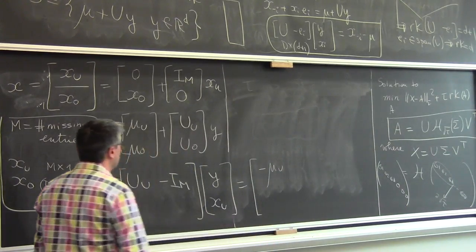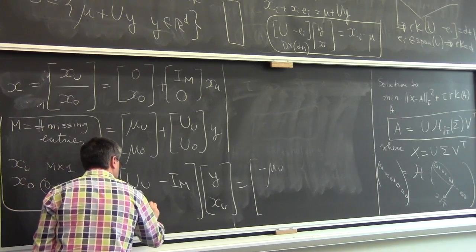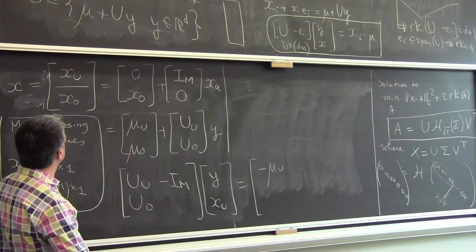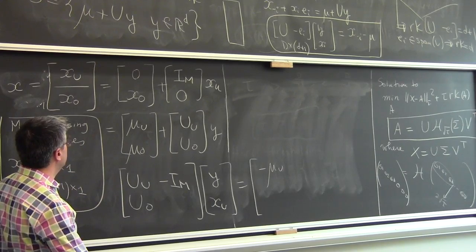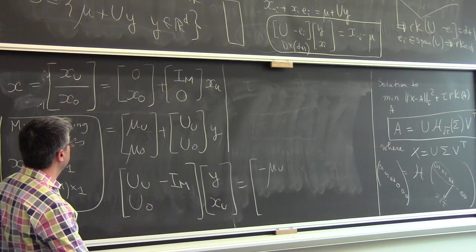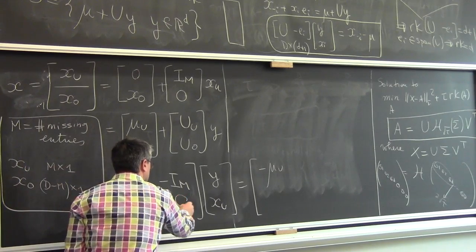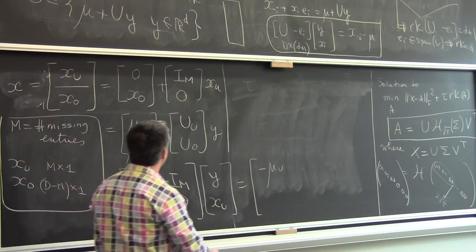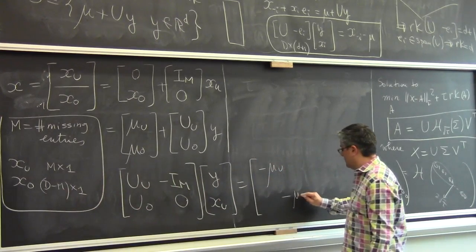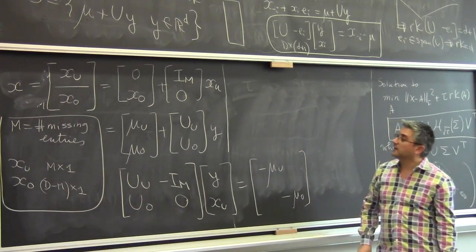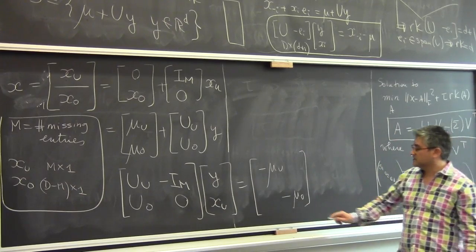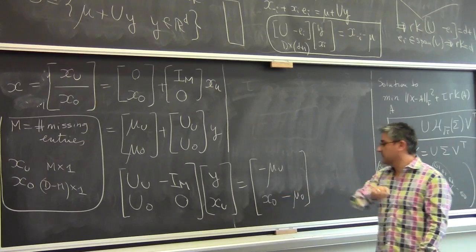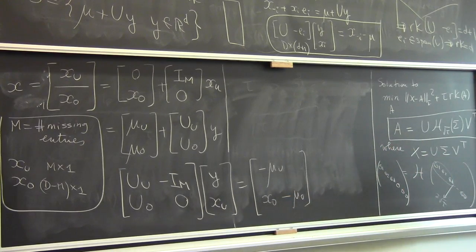And then at the bottom, I'm going to get U observed. Then the x_U is not there, right? Yeah, so 0. And then what's left is minus mu unobserved. And I should be missing something, and the x observed, right? All right? That's the equation.